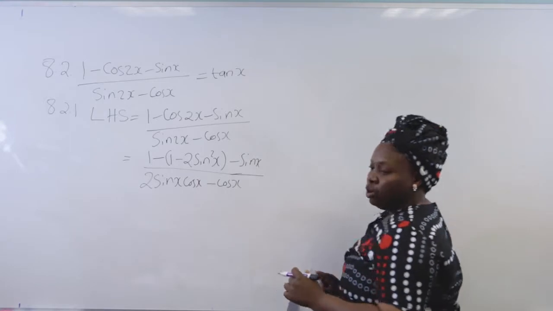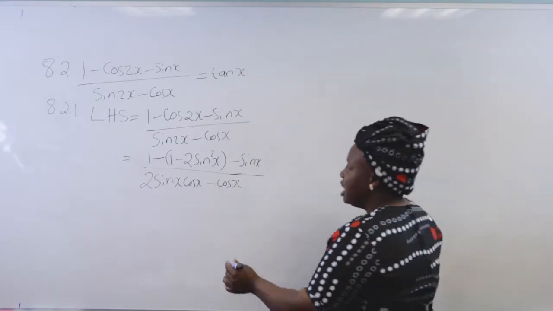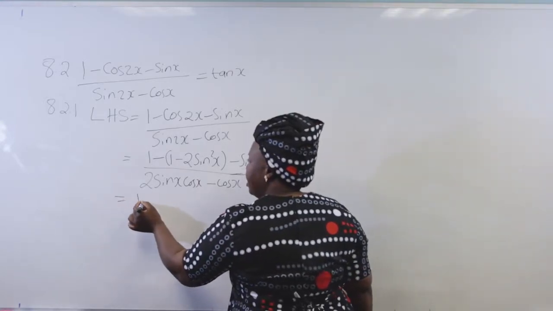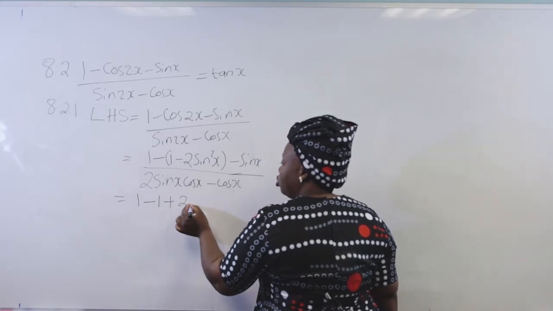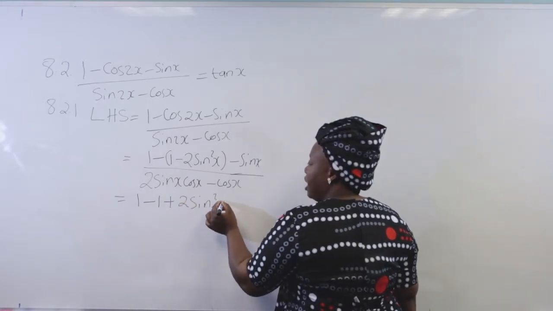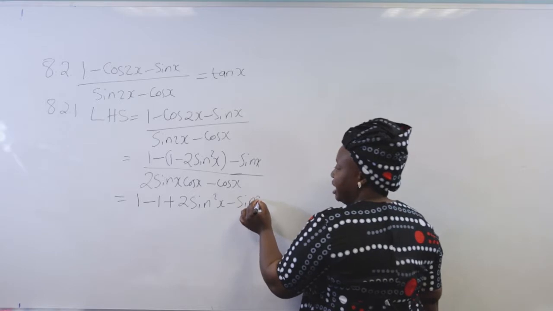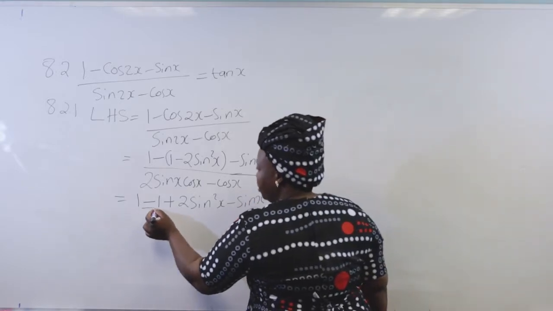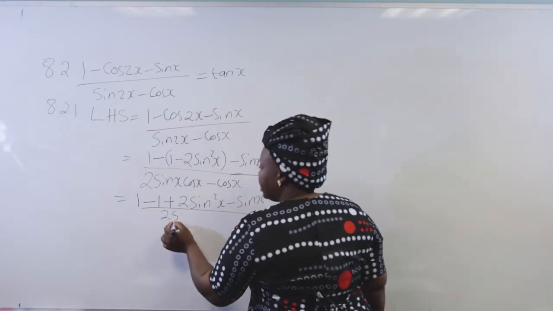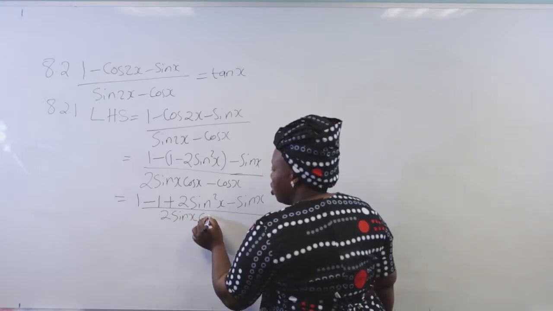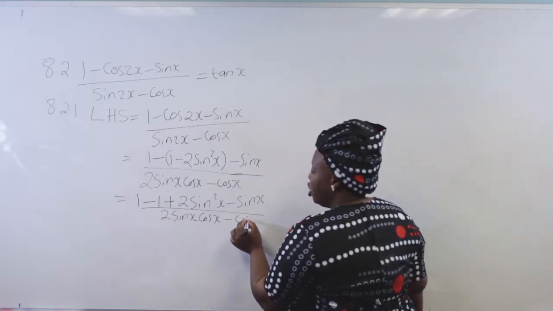And then you simplify. Remove the bracket. It means we will have 1 minus 1 plus 2 sine squared x minus sine x. All this will be divided by 2 sine x cos x minus cos x.